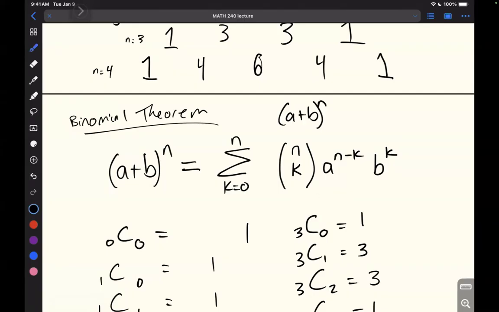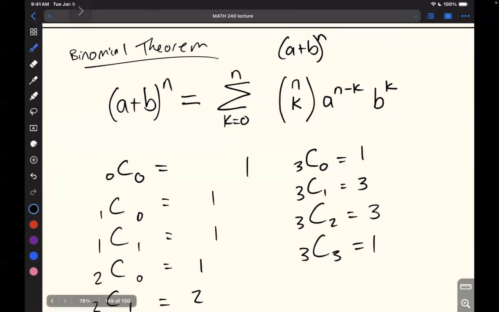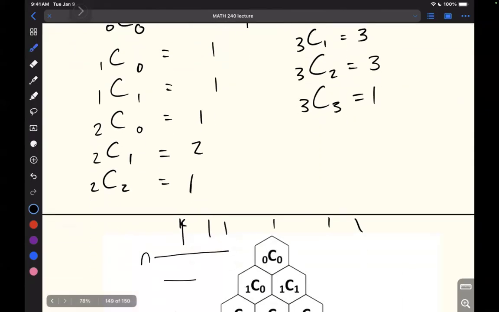And then to get the whole expression, we put it inside a summation. And so we have the k equals 0th term, k equals 1th term, 2, 3, and so on, up to n. Okay, questions? All right.